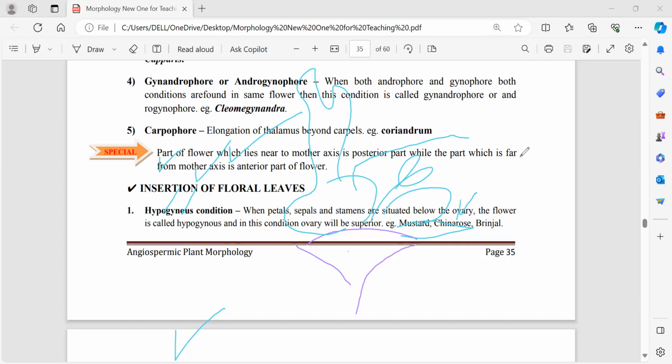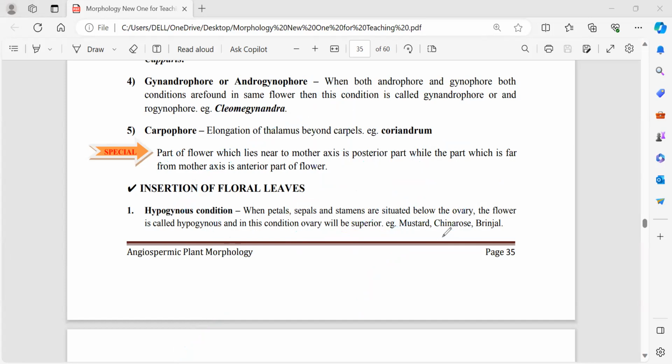That is, ovary is superior, and the flower is called hypogynous flower. We have several examples in the field where we can see such condition. For example, in mustard, in China rose, in brinjal.